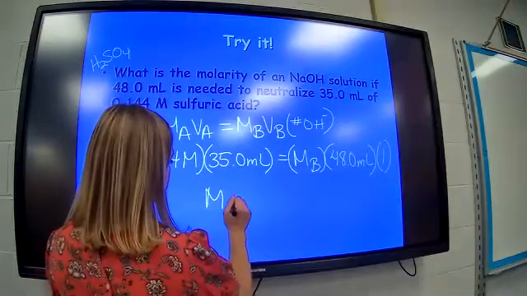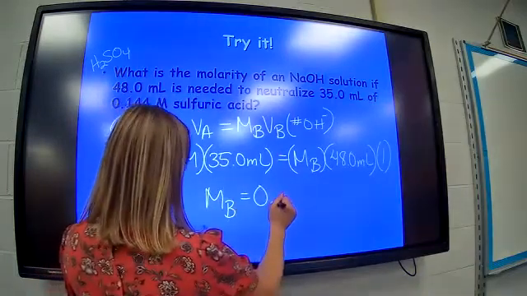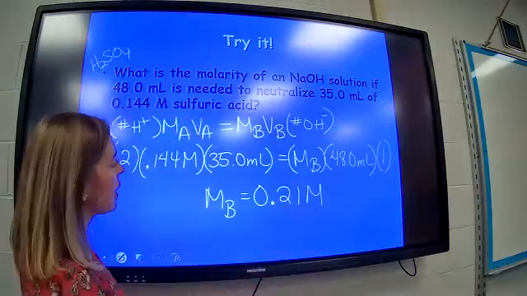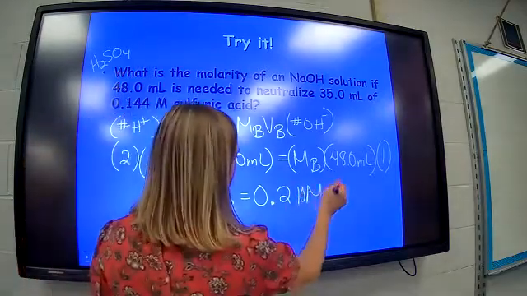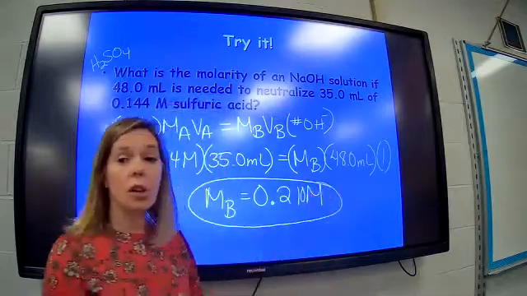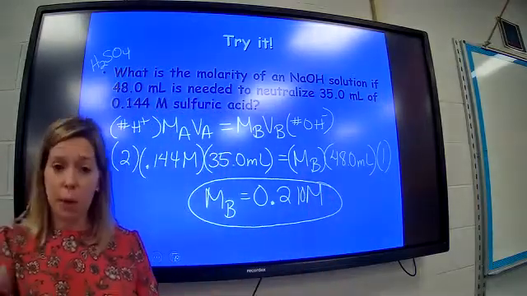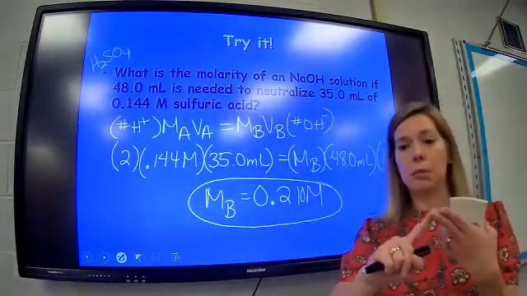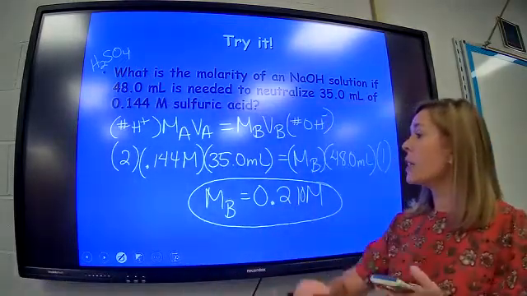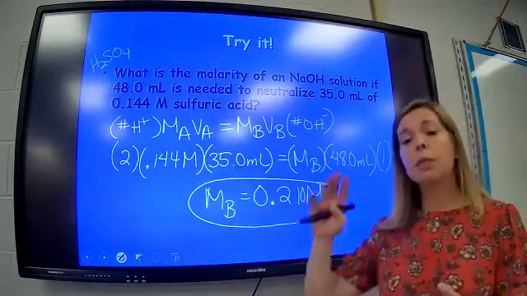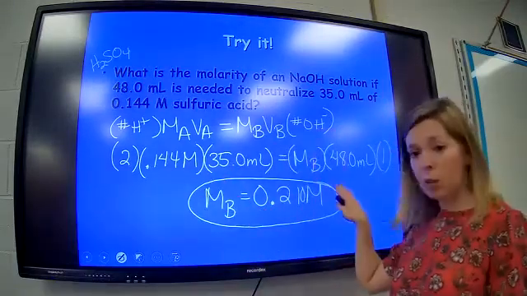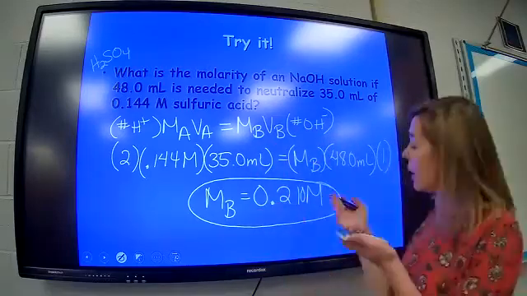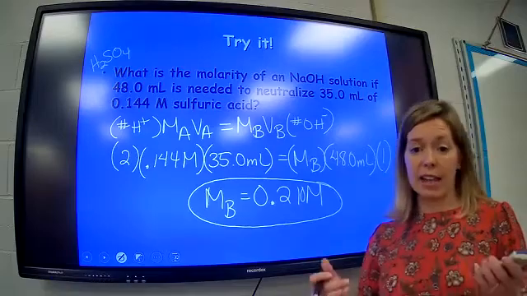And we get 0.21, and we wanted 3 significant figures, so we will add that 0 in. So that way works, but you also could have done it like your textbook will do it. Write the equation, balance the equation, find the moles of acid present, use your mole ratio, find the moles of base. If you have the moles and the volume, you can find your molarity and you would come out to have that answer.